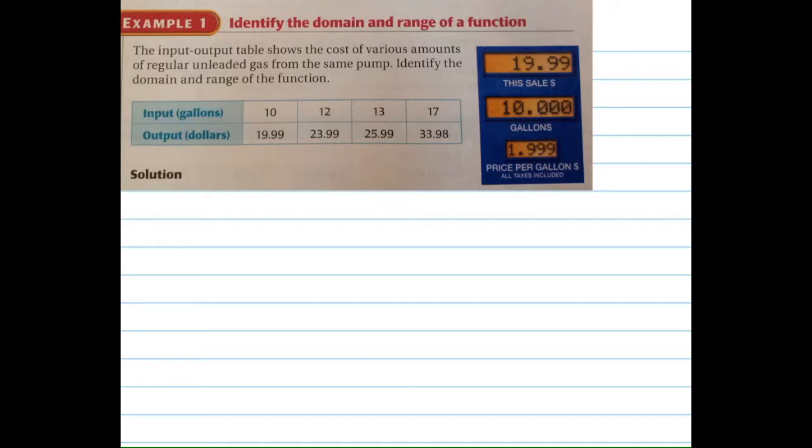What's the list of numbers that they give you for inputs? Emily? 10, 12, 13, and 17. That's your domain. 10, 12, 13, and 17.